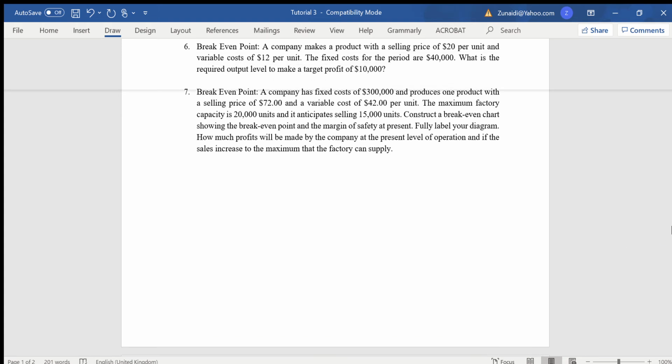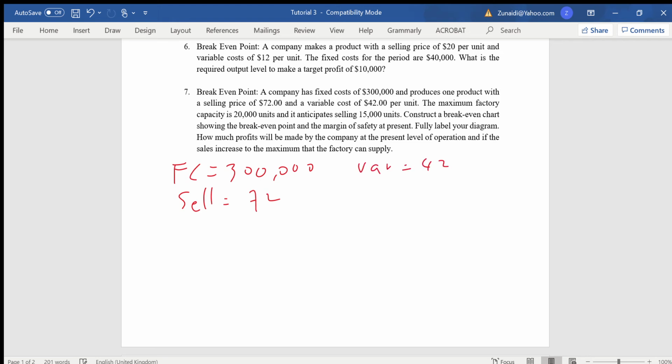So, break-even point: a company has fixed cost FC is 300,000 and produces a product at a sell price of $72, and then they have a variable cost of $42 per unit, and then they have a quantity for A.